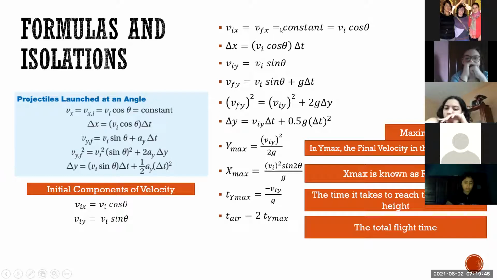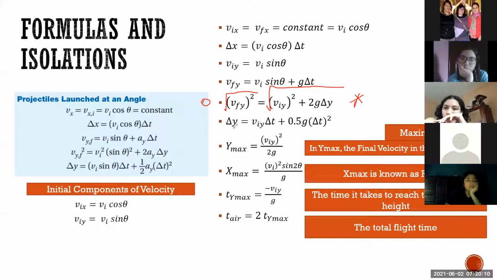This equation, this one right here, you need to get the square root to have the final velocity in y in case that you don't have the time. This one is used in case that you don't have the time, okay? So if you don't have the time, this is the one that you must use, but you need to get a square root of it.